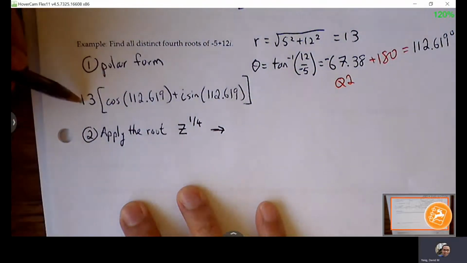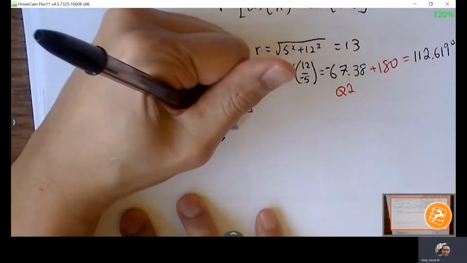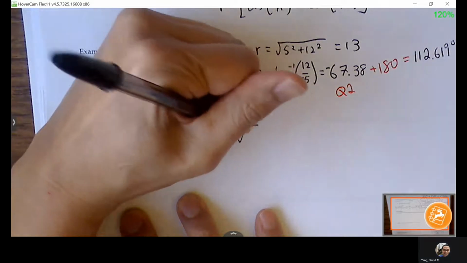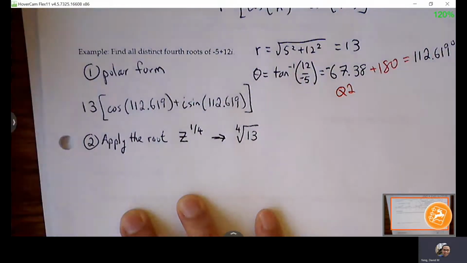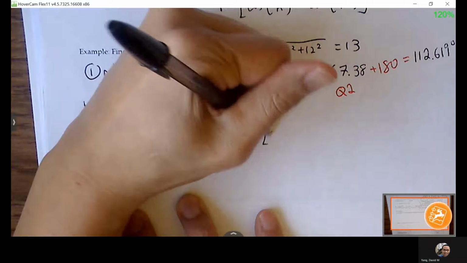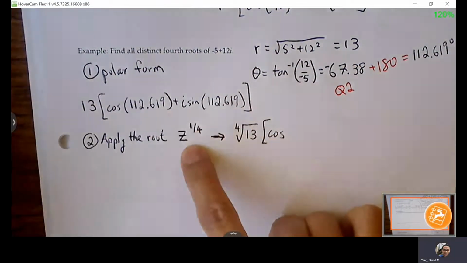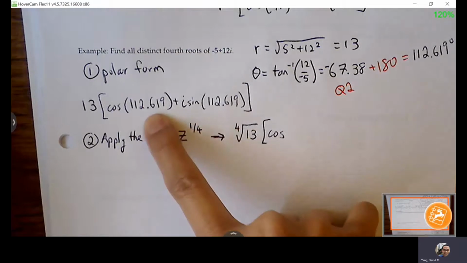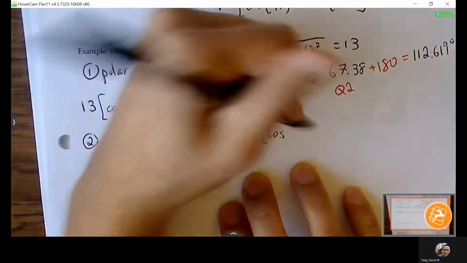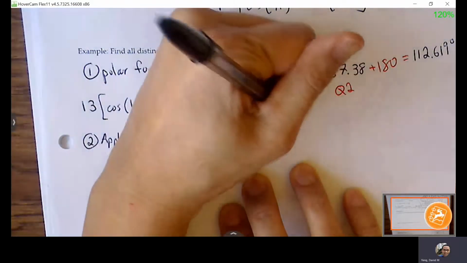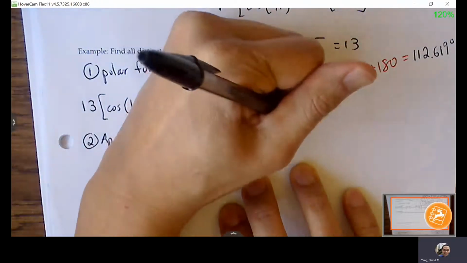So 13 to the 1/4 is the same thing as the 4th root of 13. Okay, 112 divided by 4, or we can say 1/4 times 112. Maybe dividing feels a little bit more straightforward.